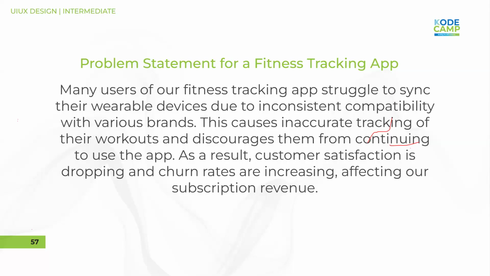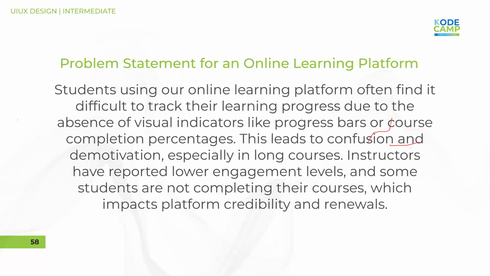As a result, customer satisfaction is dropping and churn rates are increasing, affecting our subscription revenue. So this is an example of a problem statement for a fitness tracking app. Now let's look at another example of a problem statement, an online learning platform.